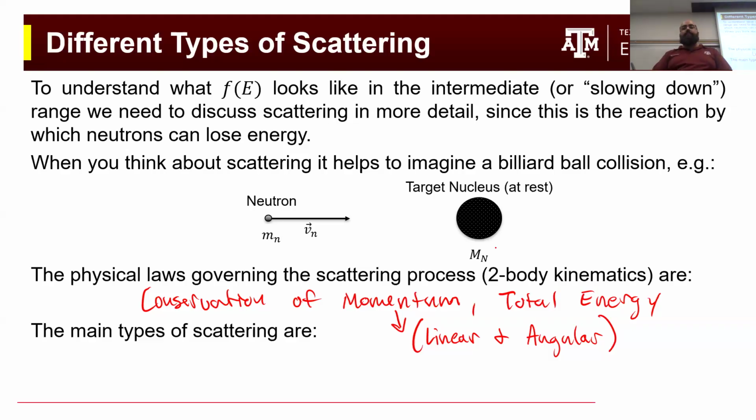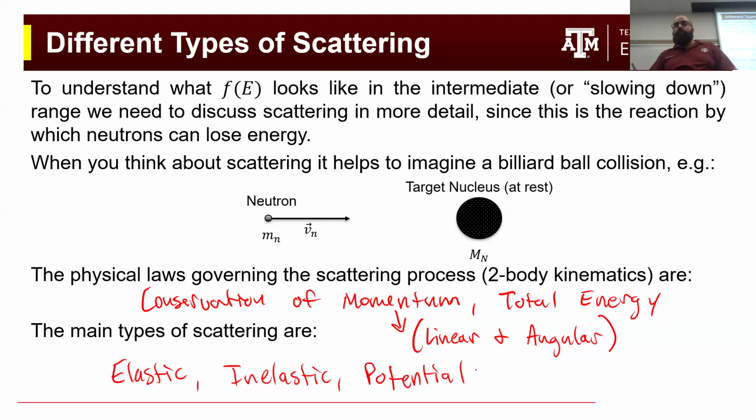In some cases it can be a little bit more complicated, but this is a good mental model to keep in mind. And the main kinds of scattering that we will see, there's really three main kinds, which would be elastic, inelastic, and also something called potential scattering, where the neutron is scattering off of the nuclear potential of the nucleus.